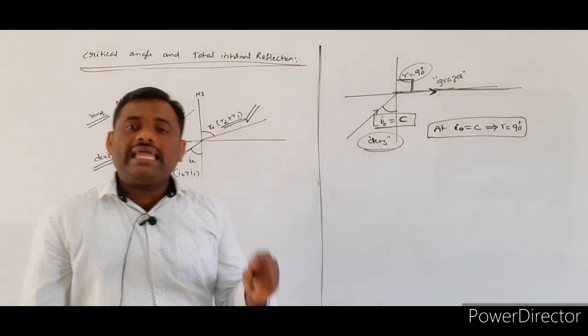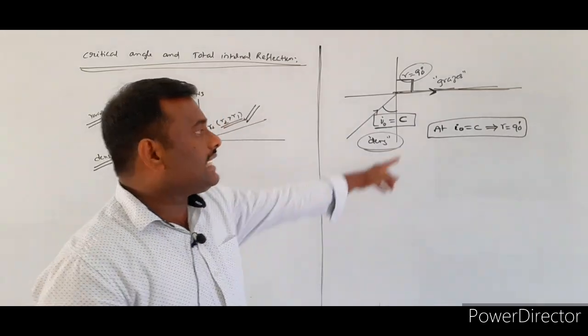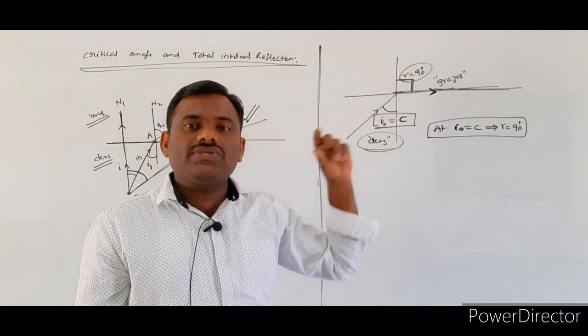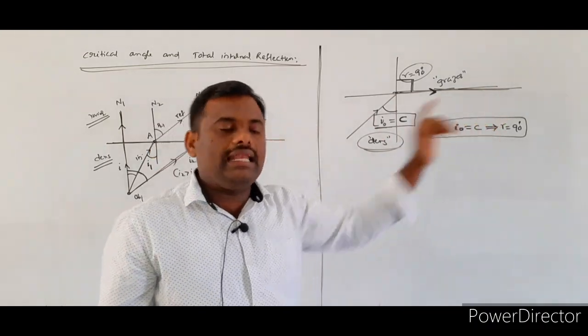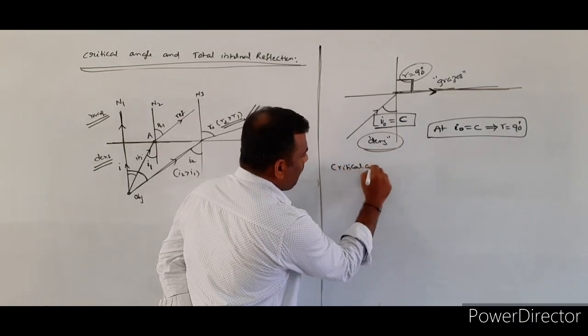So if the angle of incidence is the critical angle, the corresponding angle of refraction is 90 degrees. Such an angle of incidence we call the critical angle. So what is the definition of the critical angle?